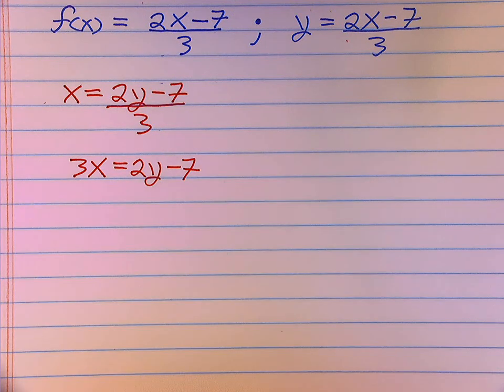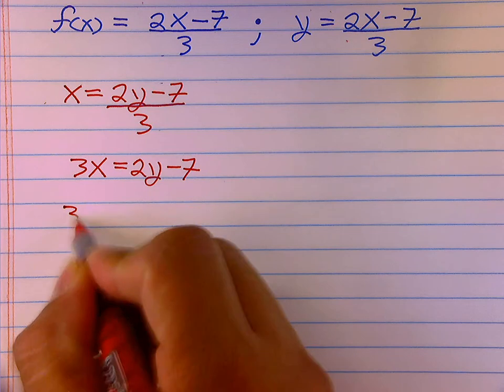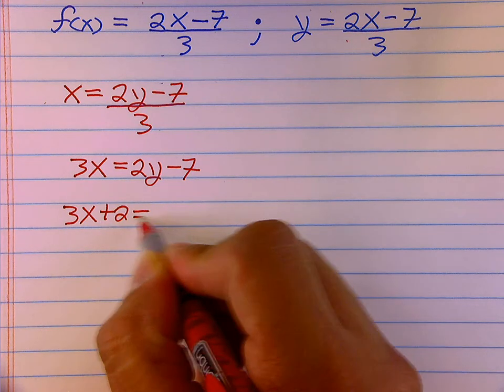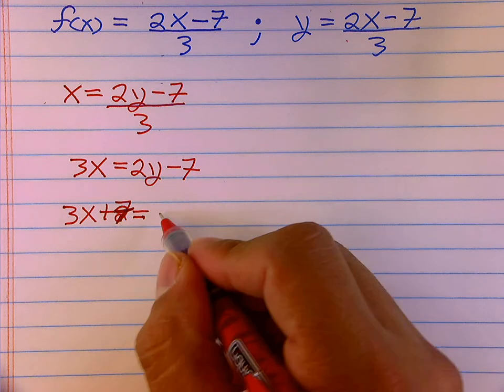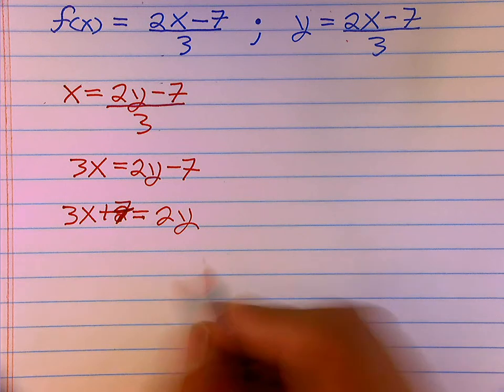The next thing I'm going to do is remove the 7 by adding 7 to both sides. Oops, that's a 7 there, got ahead of myself. 7 equals the 2y. Next thing I'm going to do is divide both sides by 2.